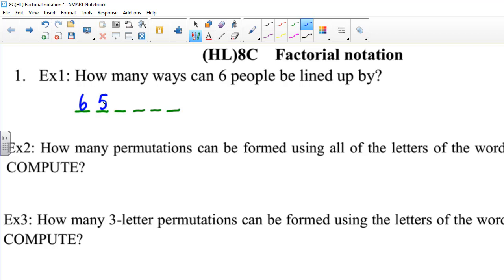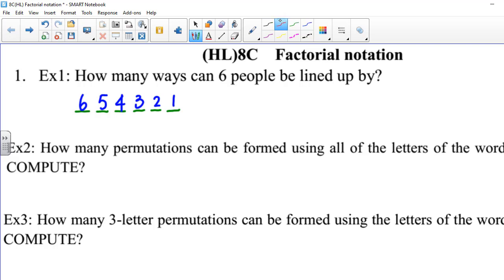Step 3, after I arrange the second person, I still have 4 people left to line up. So the third place, which is the third step, there are 4 people for me to choose. And so on. So I should have 3 people to choose for the 4th place, 2 people to choose for the 5th place, 1 person to choose for the last step, which is the last place.